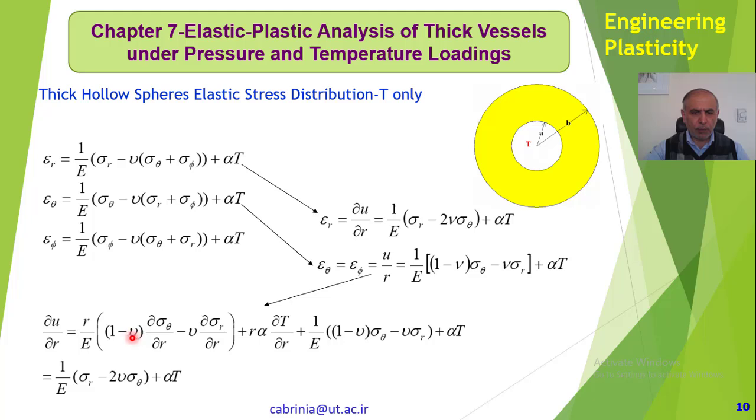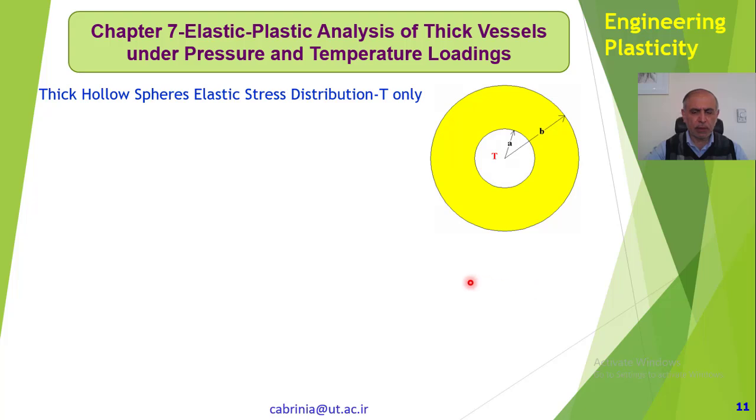Therefore, if we do the partial differentiation of this one, we get this relationship, and we already had this relationship. So we put these two equal, so this relationship is equal to that relationship. So similar to the internal pressure, we did the same thing.